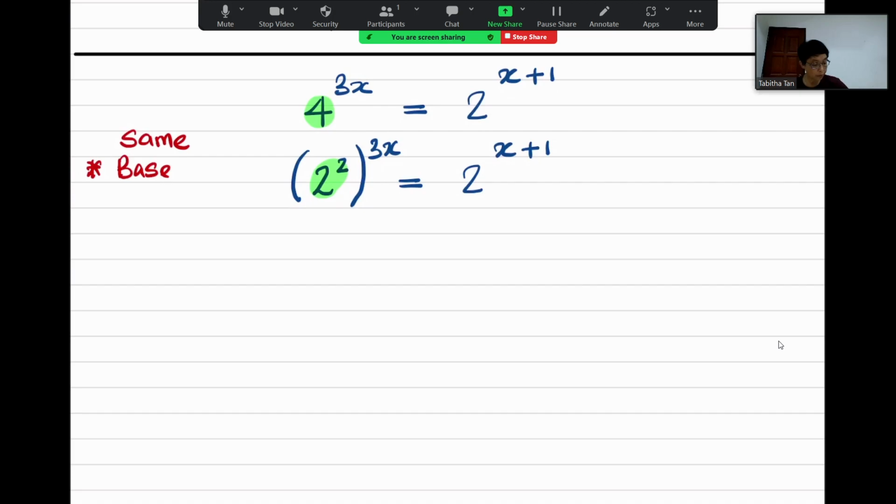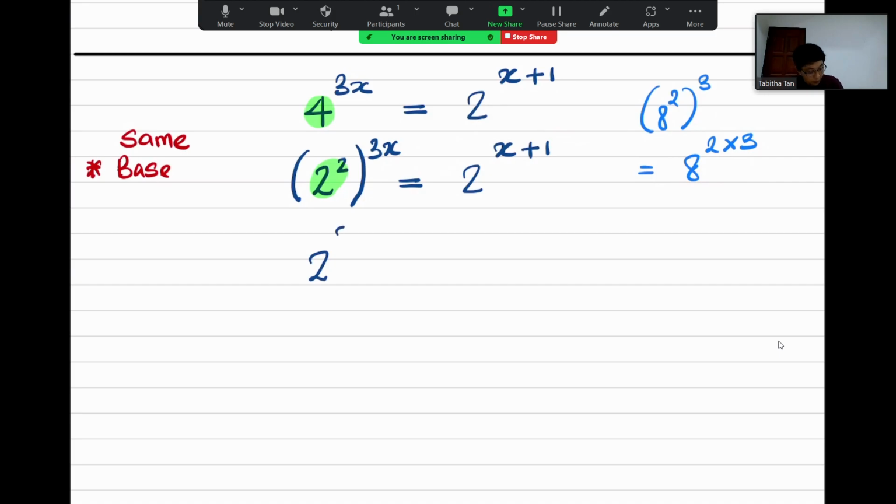When we have, let's say, 8 to the power of 2, and there is a power of 3 out there, so when there are two indices powering each other, we just take the indices and multiply them together. Okay, so we are going to use this rule over here.